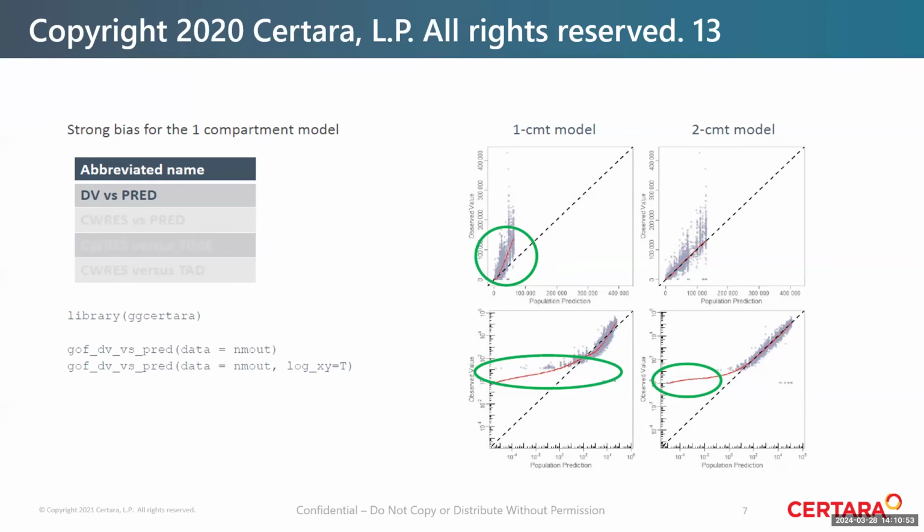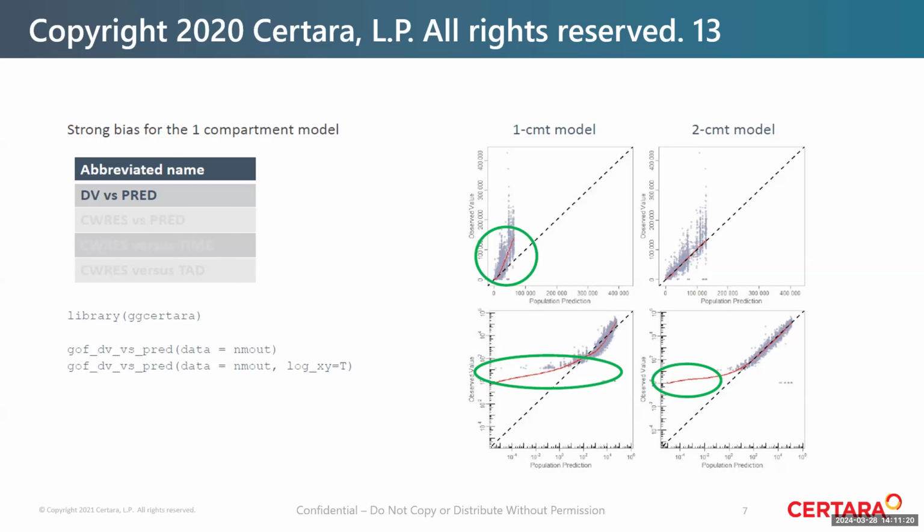The top plots were plotted on a normal scale, and the plots down here were plotted on a log scale. The dotted line in the middle is a fitted line that we want to use to assess whether the data fitted did not violate any assumptions. If we look at the first plot, we see that the data was deviating away from the fitted line. That's on the one compartment model.